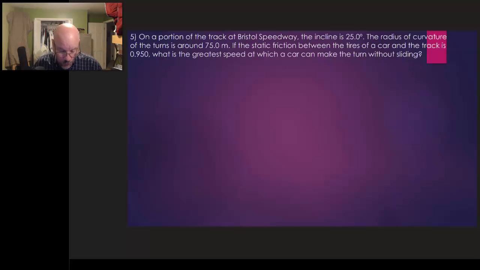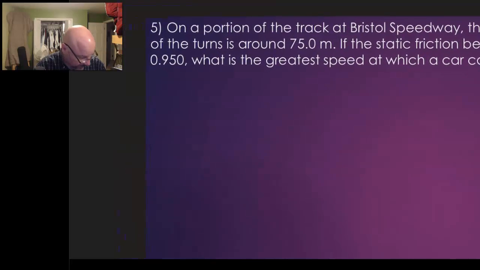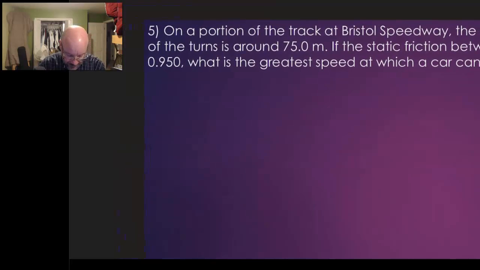Okay. So what we need to start with is just the situation that we're looking at. Bristol is kind of not a circle. It's got these straight bits and then some curved bits to it.